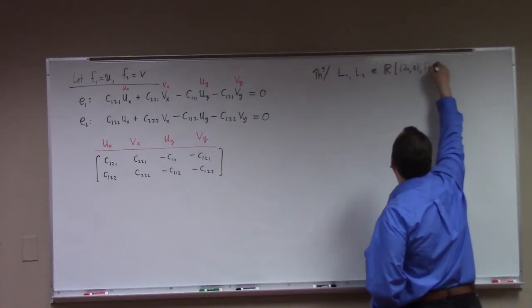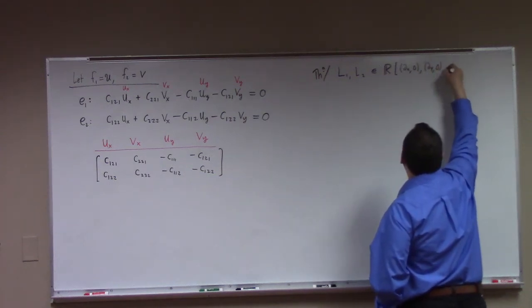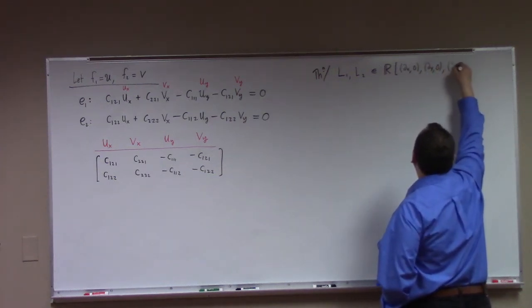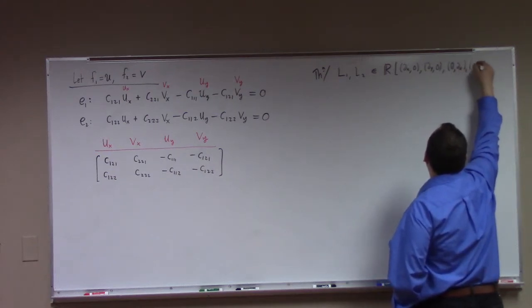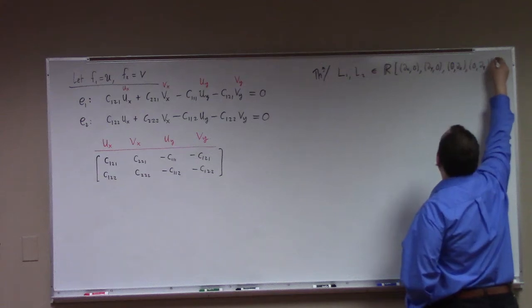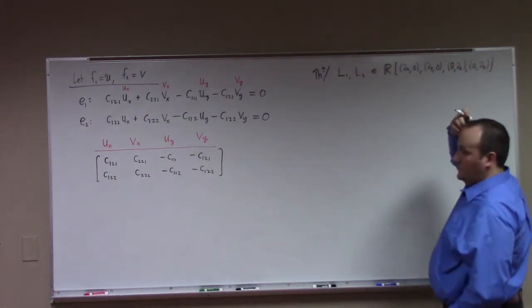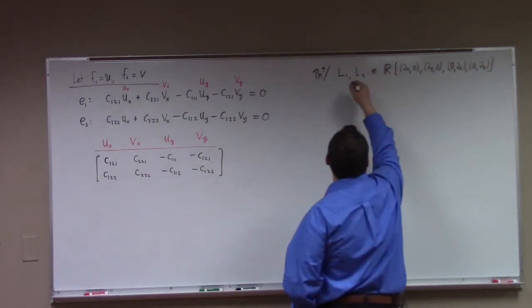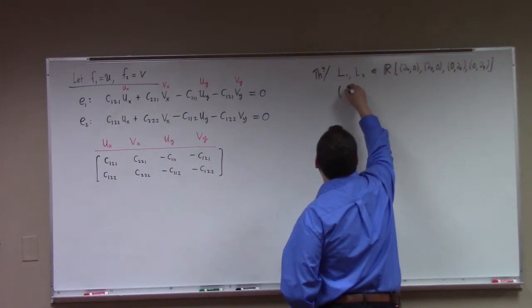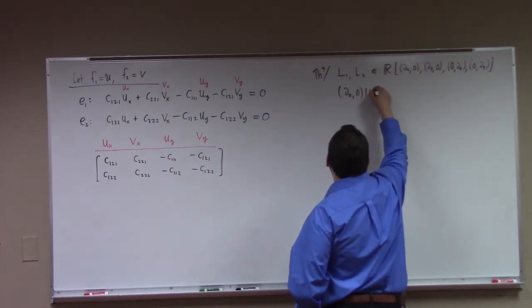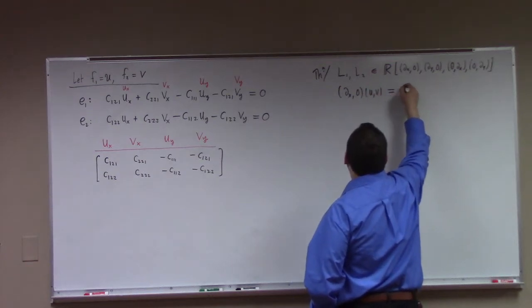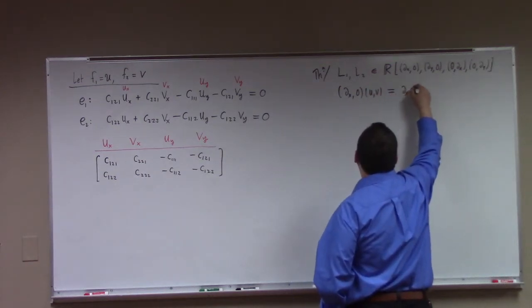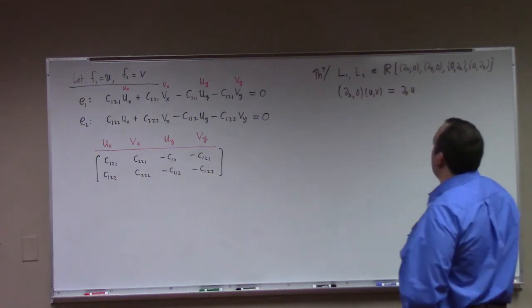You've got partial y, comma 0. You've got 0, partial x, and you've got 0, partial y. Where those differential operators, for example, partial x comma 0 acting on u comma v equals partial x u. Could we define such a thing?